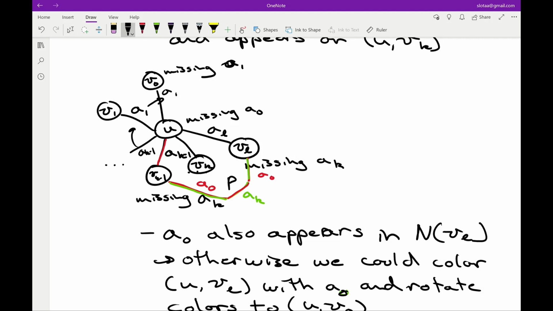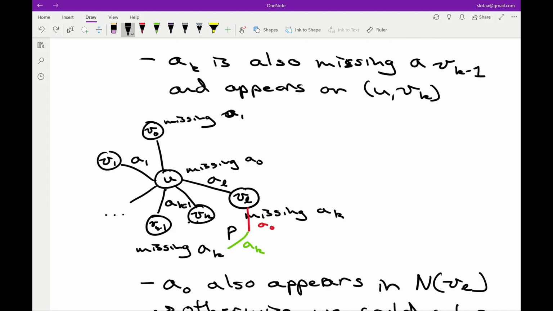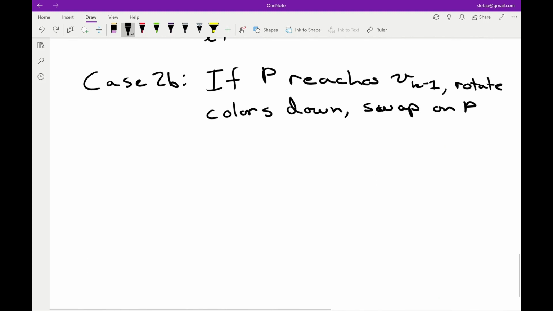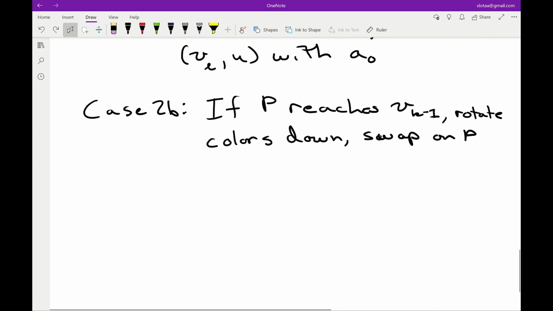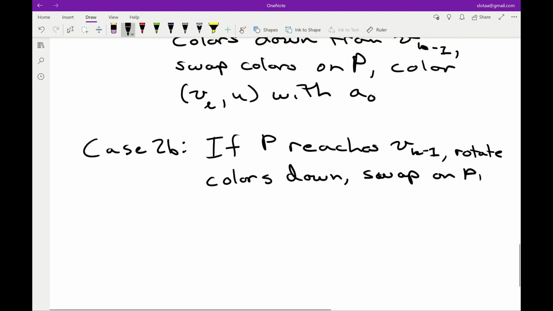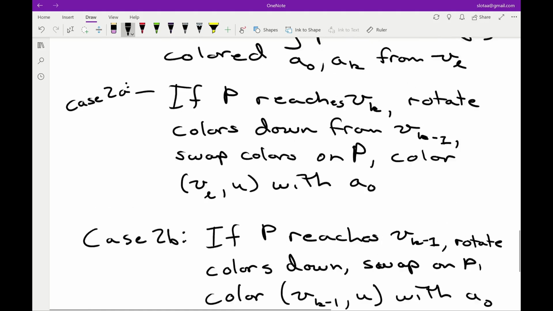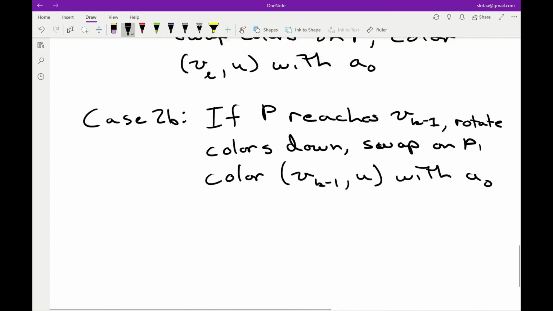So we did swap on P, then rotation down V K minus 1. All right, let's get back to where we were. Okay, back there. So rotate colors down, swap on P, and then again, make it explicit. Color V K minus 1 U with A naught. And then we'd be done in that instance.